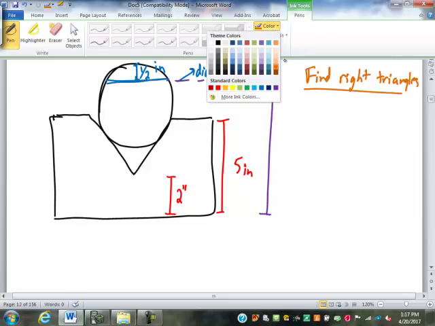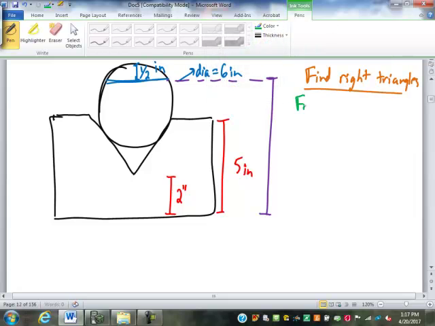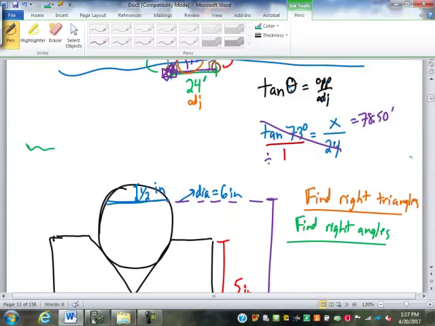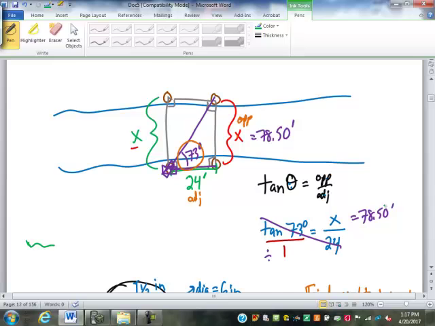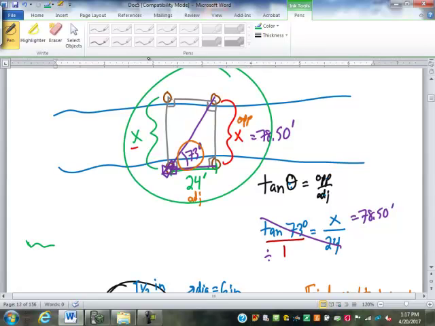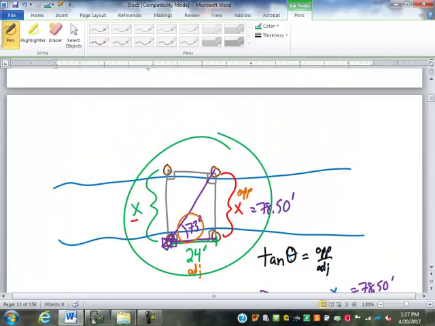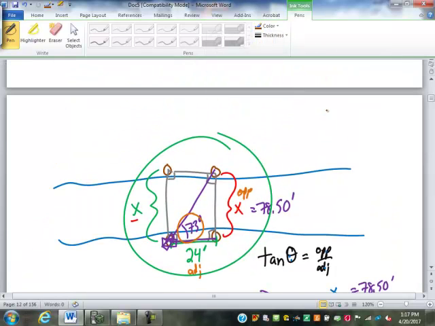To find right triangles, we must find right angles. Now, in many of the problems we've done so far, they've been given to us. Like here, I gave you that formed a rectangle, so we know those 4 corners are right angles. Other examples we've done, we did Tate chopping down the tree, right?